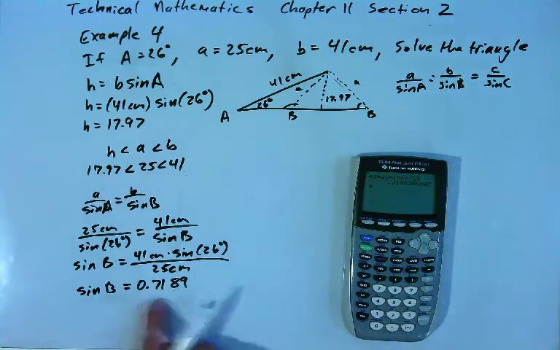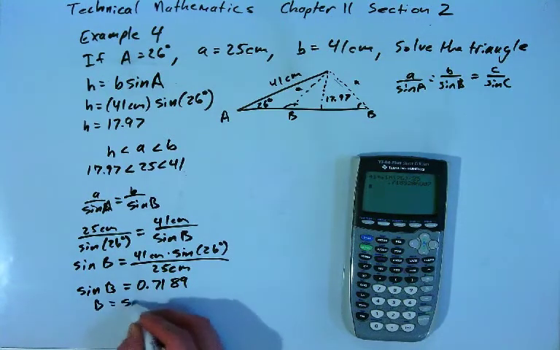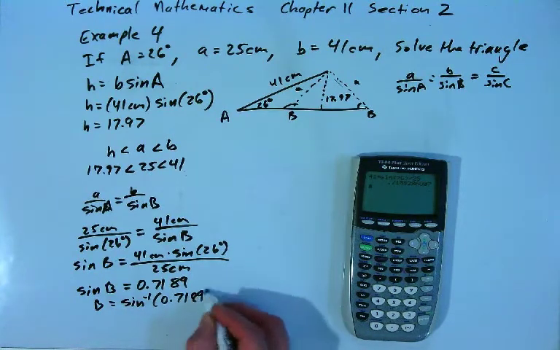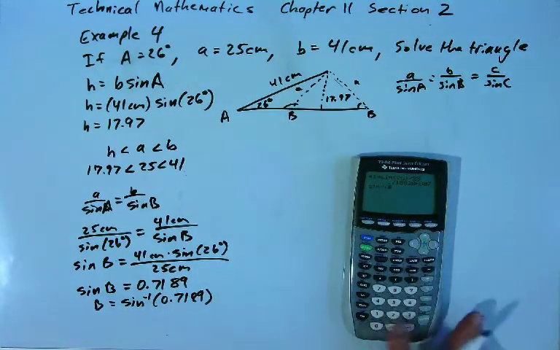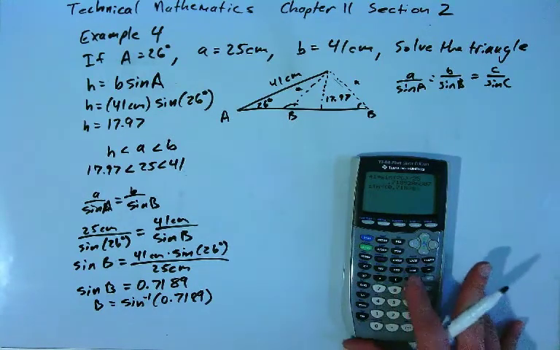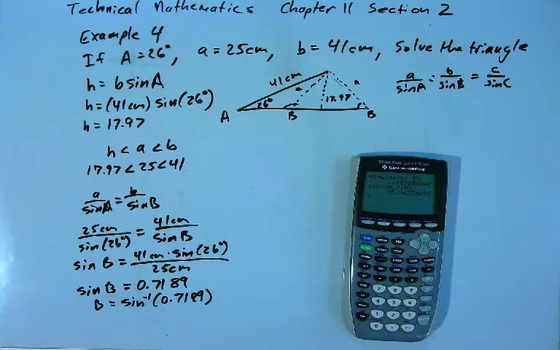And so now we can take the inverse sine of both sides. And so B equals the inverse sine of 0.7189. And so we'll take the inverse sine of 0.7189, close parentheses, equals, we get 45.96 degrees.